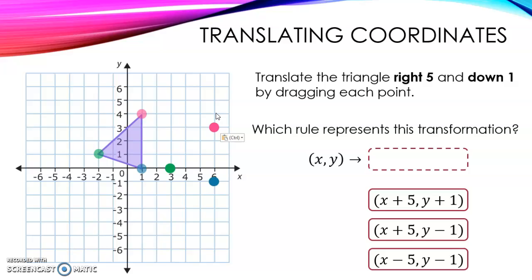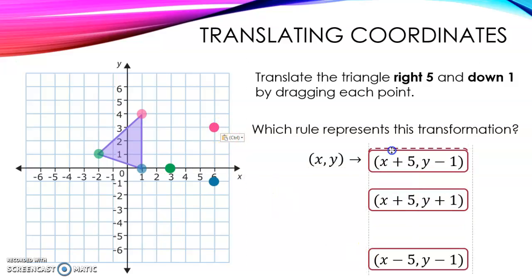And the y values are moving down 1, so the y values going up and down is going to be subtracting 1 from there. That means our second option here is the correct rule. Again, we're making the x values move to the right by 5 and the y values move down by 1.